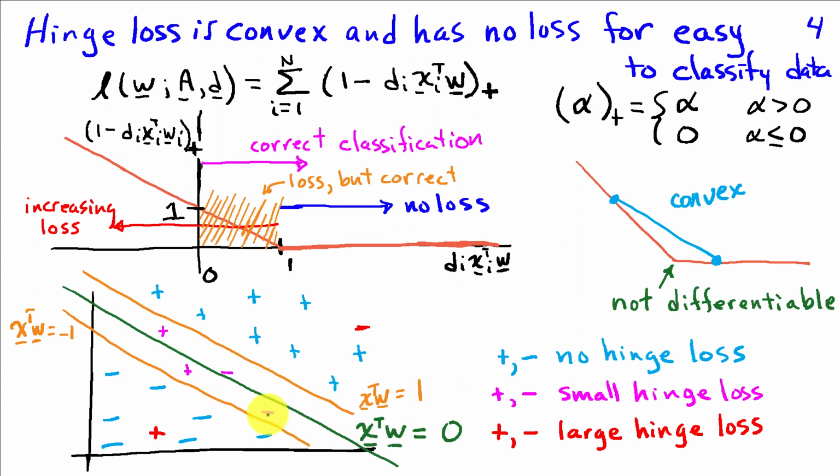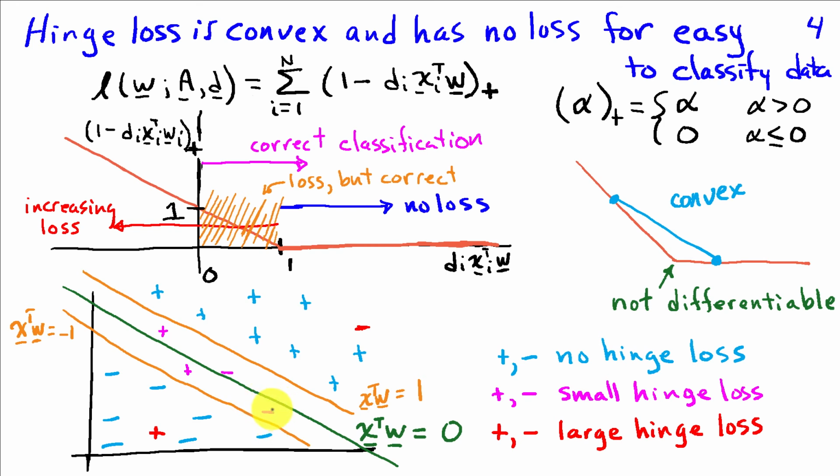Now, when I'm in between these 2 points, I could have the case where x transpose w is indeed positive, but it's less than 1, such as this point right here, and that would put me in this interval between 0 and 1. So there's some small hinge loss associated with this point. Similarly, there'd be a small hinge loss associated with this label of -1.